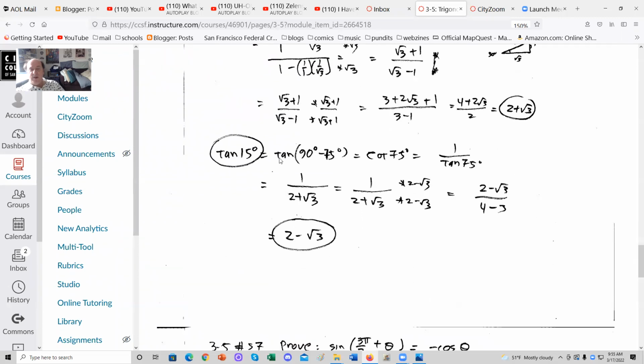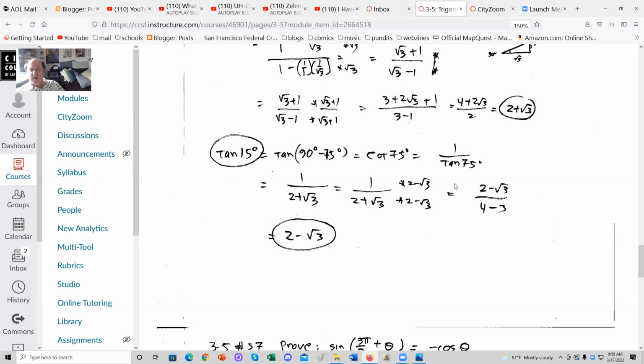Tangent of 15 degrees is the tangent of the complement of 75 degrees. And so that'll give you the cotangent of 75 degrees. And a cotangent is 1 over a tangent, so 1 over tan 75 degrees. So 1 over this, 1 over 2 plus root 3. We rationalize this denominator by multiplying above and below by the conjugate of the denominator, which is 2 minus root 3.